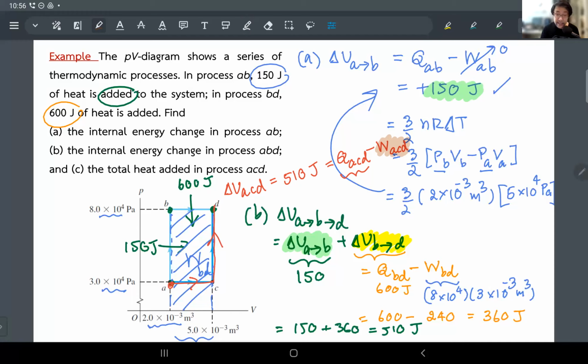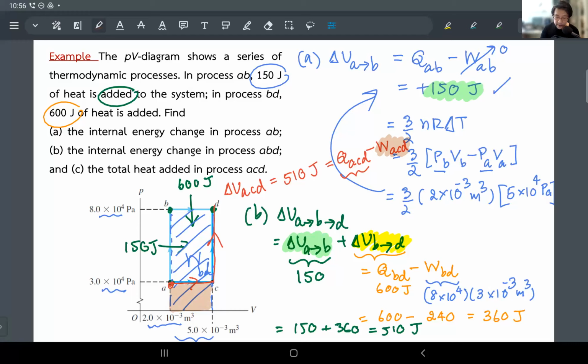Now the question is, what is the amount of work done from A to C to D? It's just the area under the curve. So it's going to be just that rectangular area underneath, the one that I'm highlighting, that red shaded area right there.